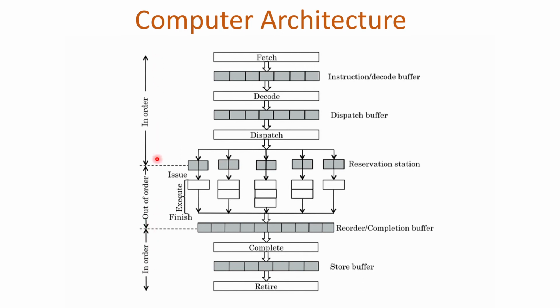This part is in order, I mean with respect to the order of the instructions. Up to the reservation station the instructions are in a particular order, then after completion of execution they will be out of order, and then again after reordering in the reorder buffer, they will be in the same order as they were dispatched in the previous stages.